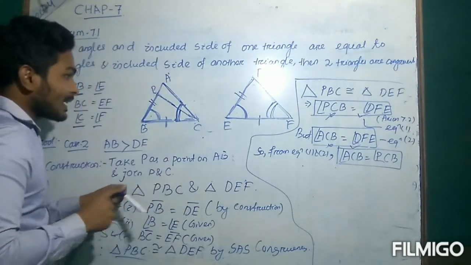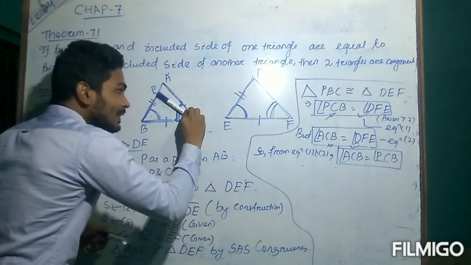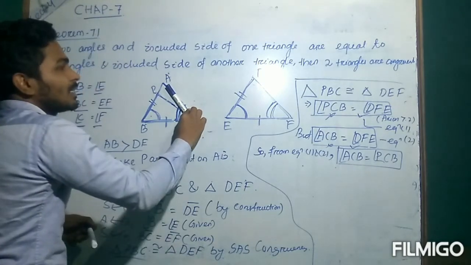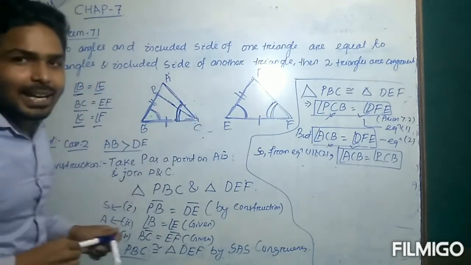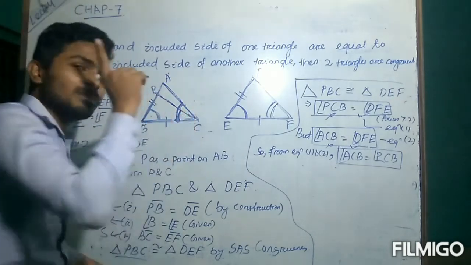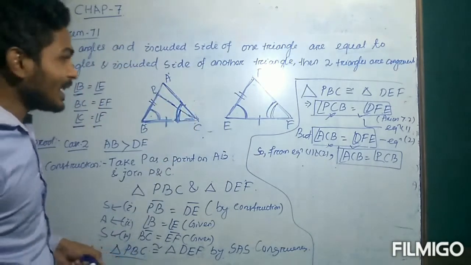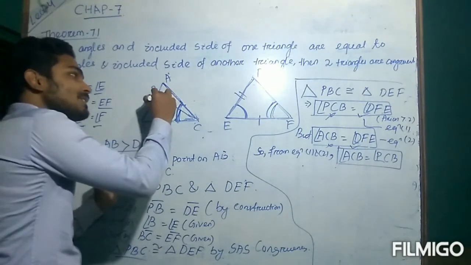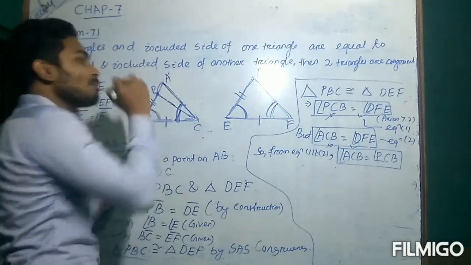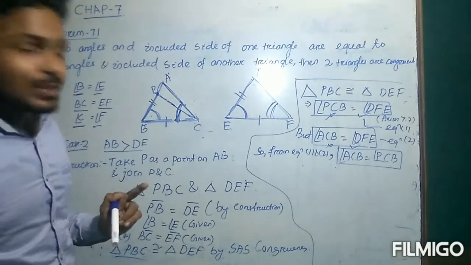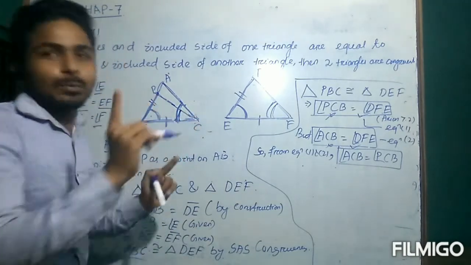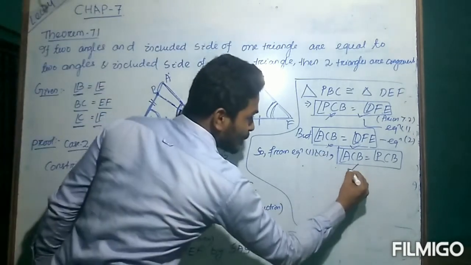If I shift PC like this to AC, then we get these two angles equal. It means we have to shift this point P to a point A, so that these two angles will be equal.